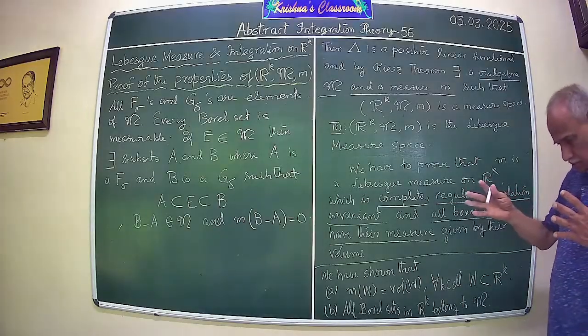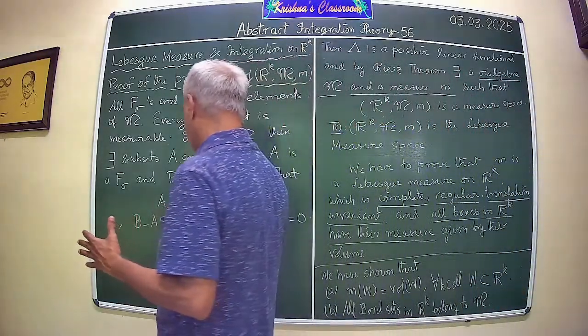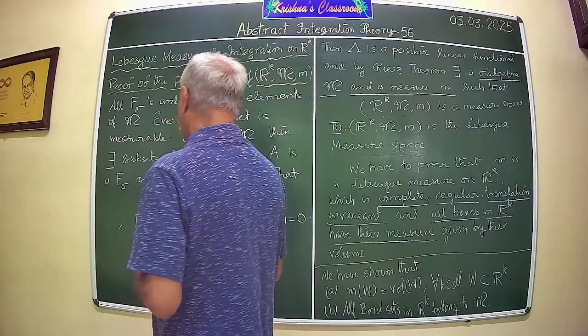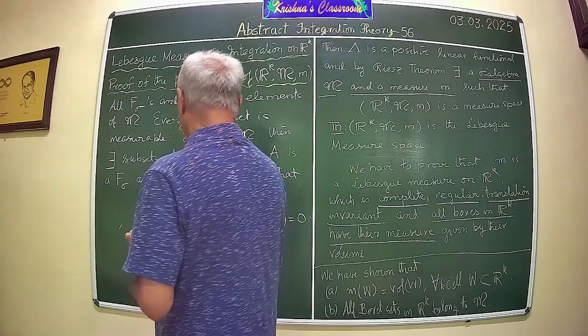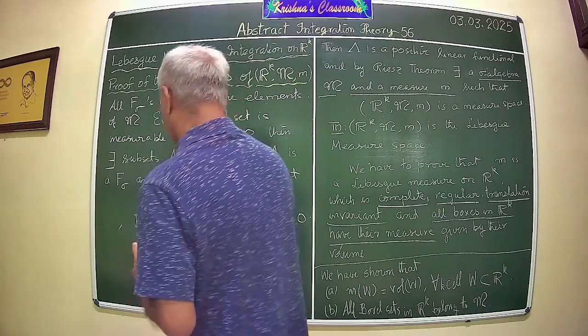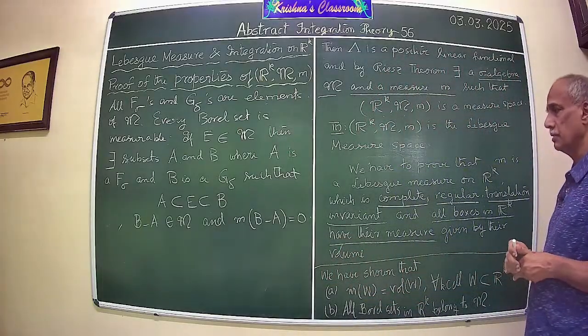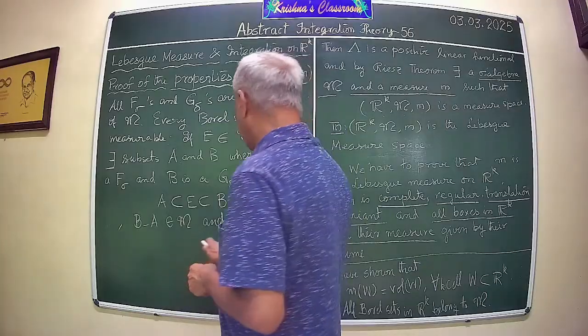So any measurable set can be squeezed between an F sigma and a G delta, okay, right? And such that their difference B minus A has small measure.